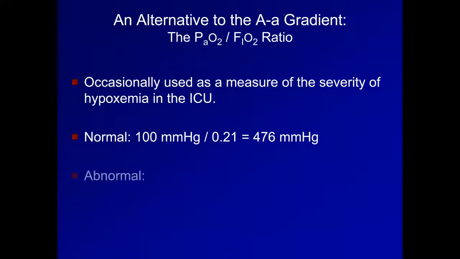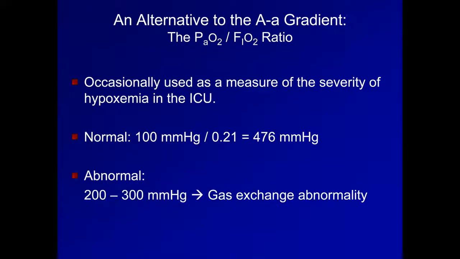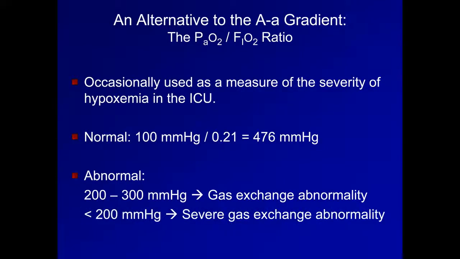An abnormal ratio is typically placed into one of two categories. Values of 200 to 300 are consistent with a mild to moderate gas exchange abnormality, while values under 200 are consistent with a severe gas exchange abnormality.